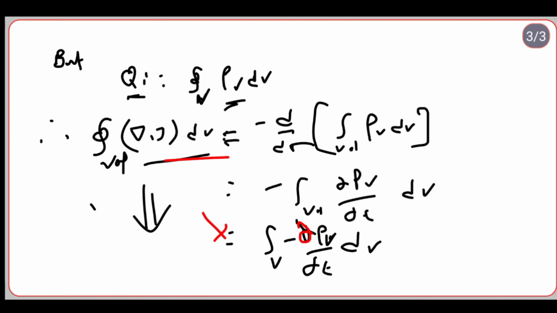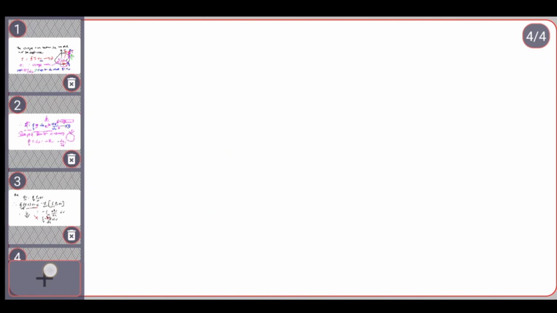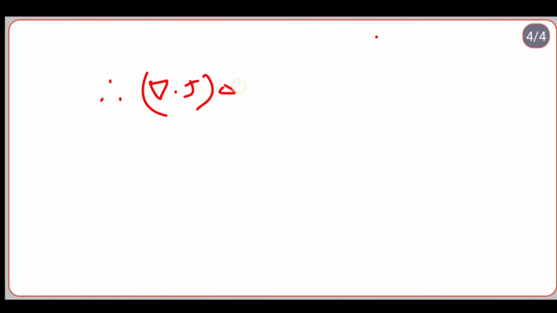Therefore, we can write del dot J delta v equals minus dou rho v by dou t into delta v.